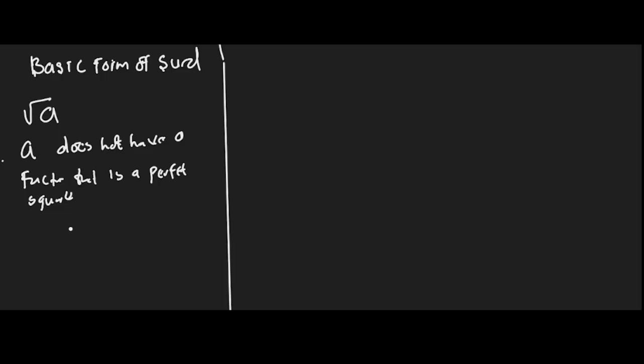Now, what do we mean by perfect square? Perfect squares are numbers that you can get by multiplying a number by itself, or numbers that when you take their square root, they give us exactly a whole number.